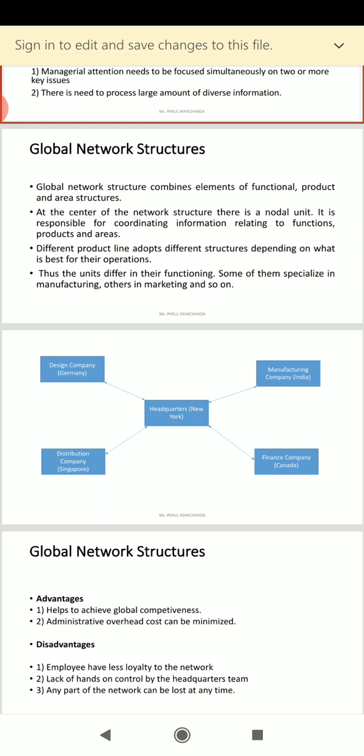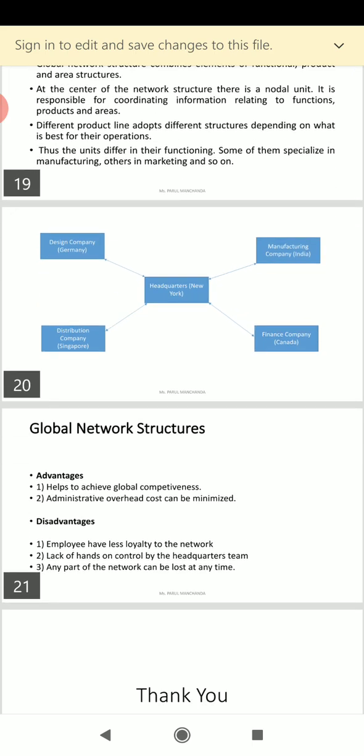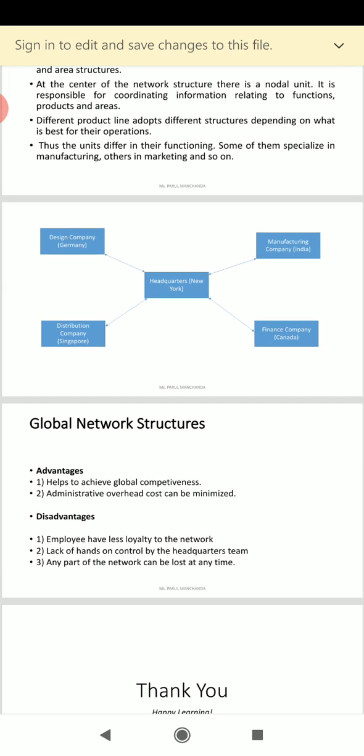So it appears that it is one organization, but it is actually not one organization. It is multiple organizations working together in a manner, creating a situation of a virtual organization.